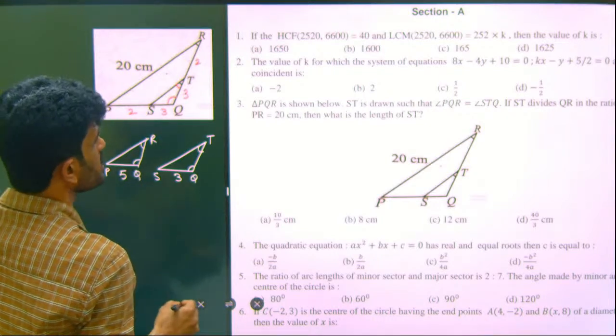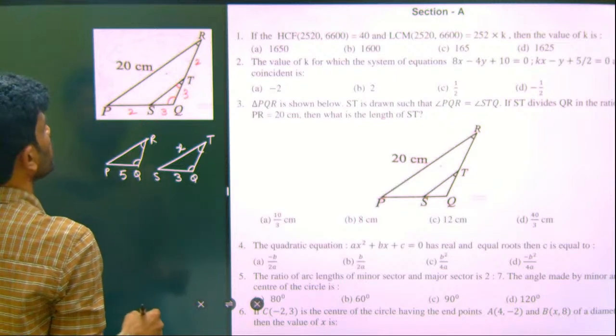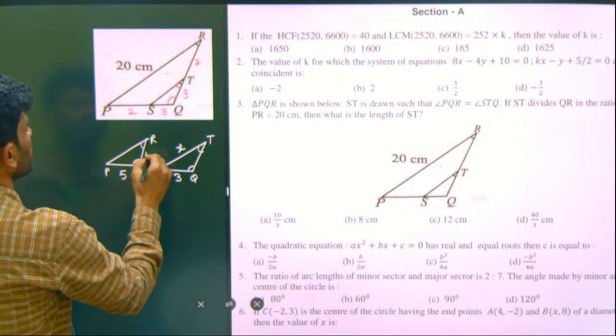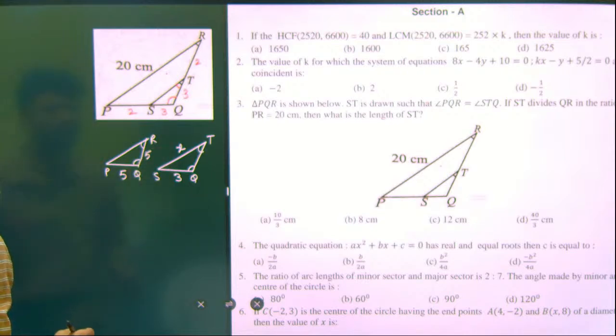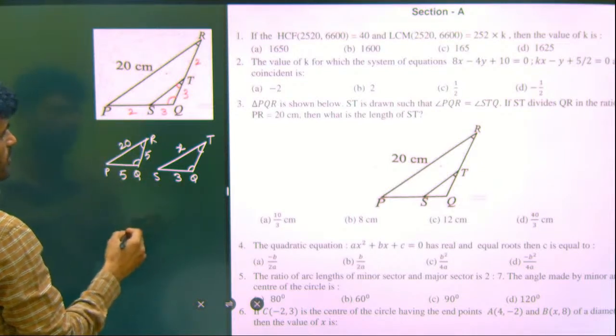We want ST in this, ST we don't know. QR we know, QR is again 5. PR is given 20. So corresponding sides ratio we have to take.